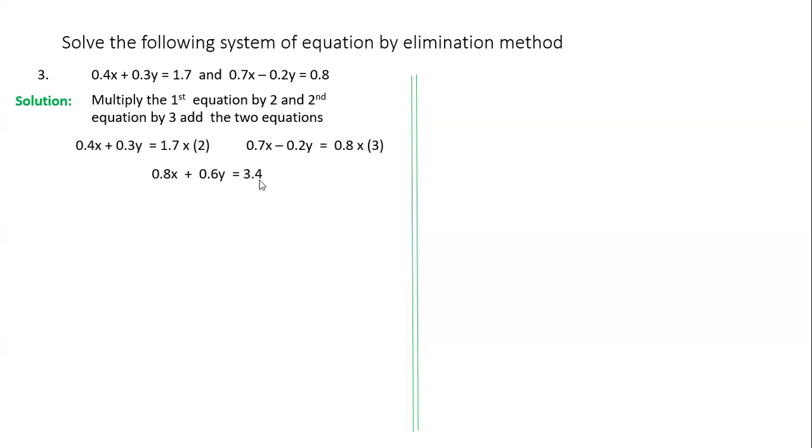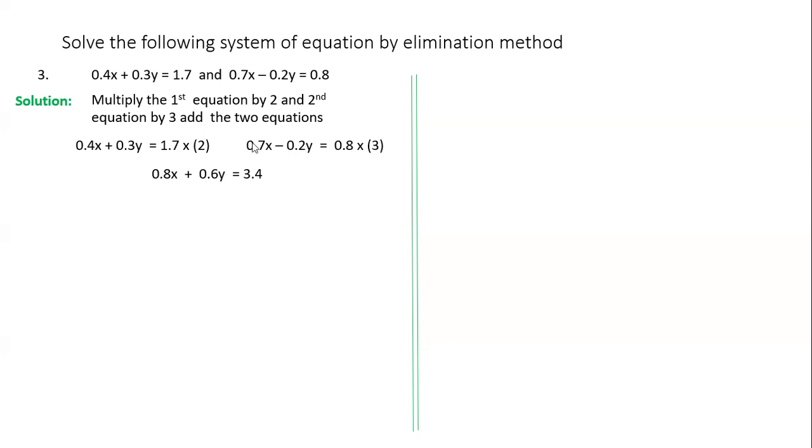Instead of multiplying with 0.2, multiply with 2 so that the decimal problem will not be there. Had I multiplied with 0.2, it would become 0.08. To make things simpler, we use a whole number, which is far easier to multiply and calculate.